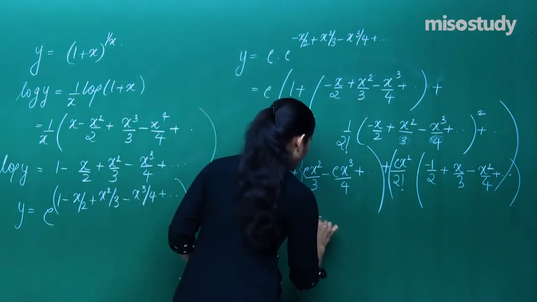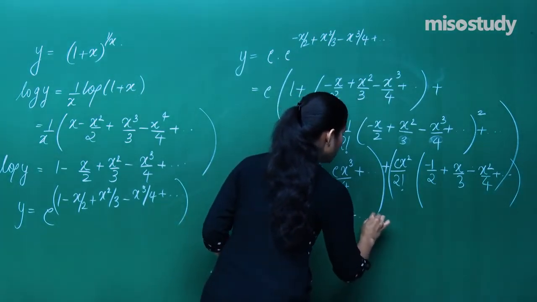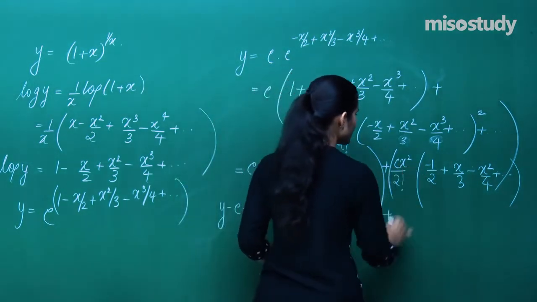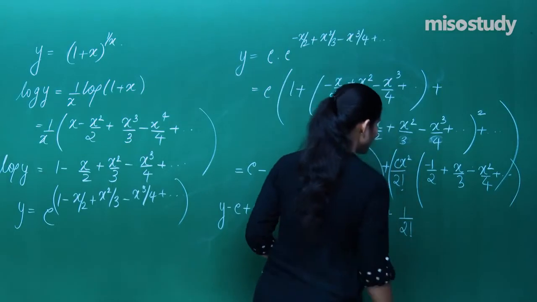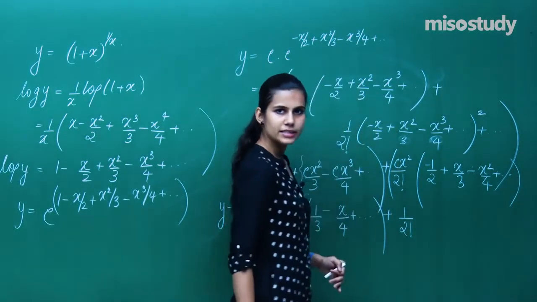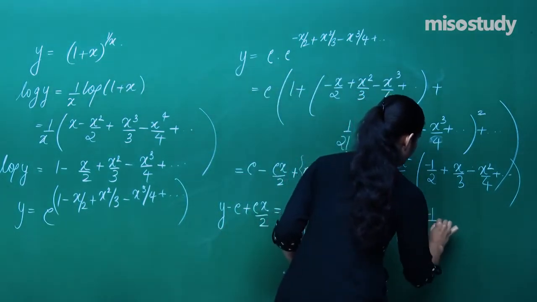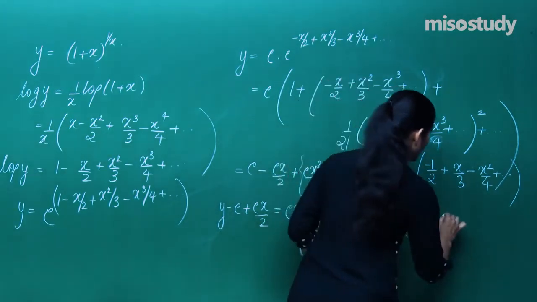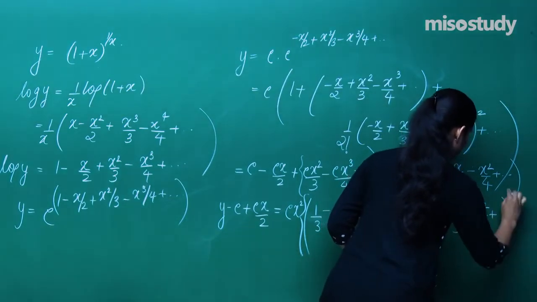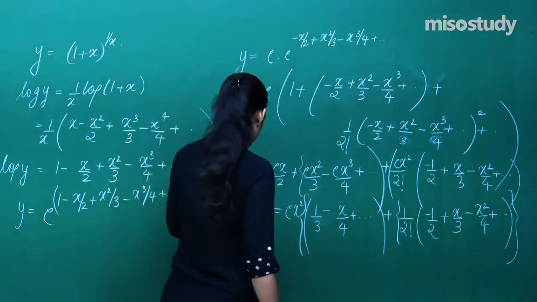I am left with 1 by 3 minus x by 4 and so on, plus also I am left with ex square common, so I am left with 1 by 2 factorial times, this is common, okay, so minus 1 by 2 plus x by 3 minus x square by 4 and so on.